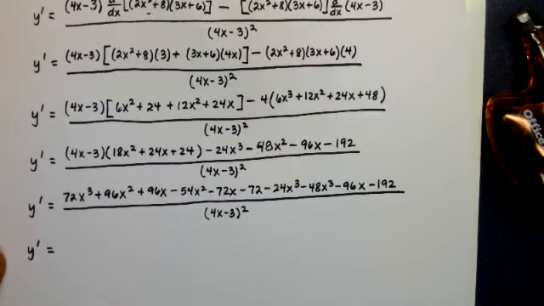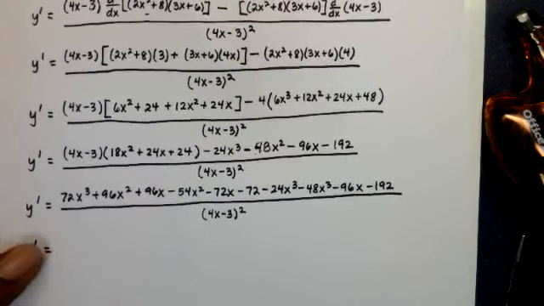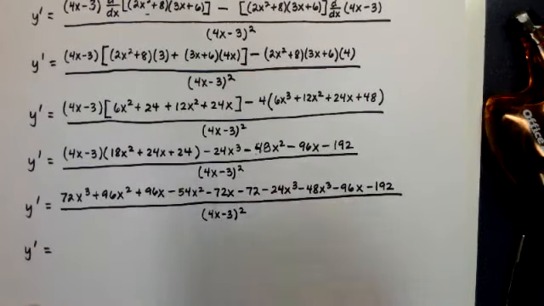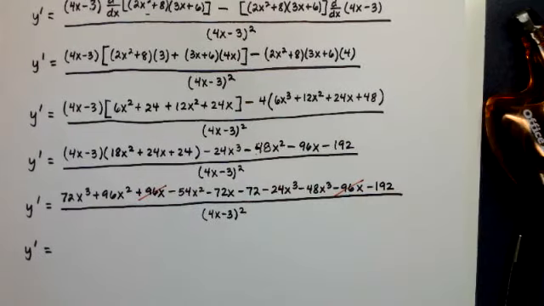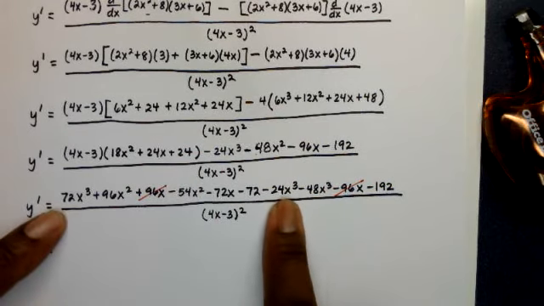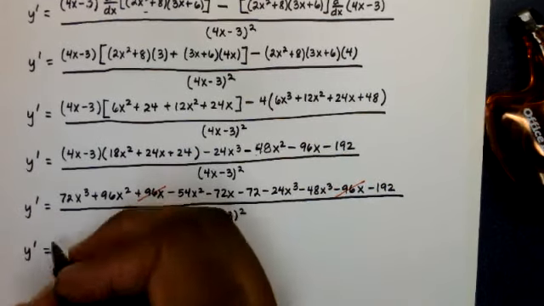Okay, now we're ready to combine some like terms here. And by looking at this, I've got a plus 96x and a minus 96x. That's going to be gone. That adds to 0. But I'm going to have to combine everything else. 72x cubed minus 24x cubed will be 48x cubed.